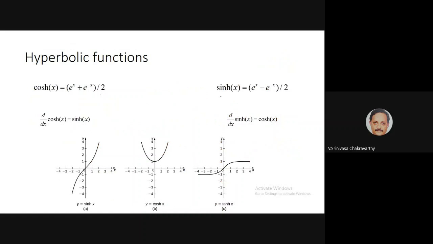So these are the two expressions, and cos h and sin h have an interesting property. Derivative of cos h is sin h, and derivative of sin h is cos h. Unlike sine and cos, where derivative of sine is cos, but derivative of cos is minus sine, right? You don't have that minus sign showing up here. So cos h looks like the middle function, right, going to infinity on both sides. So these are not bounded functions, unlike sine and cos.